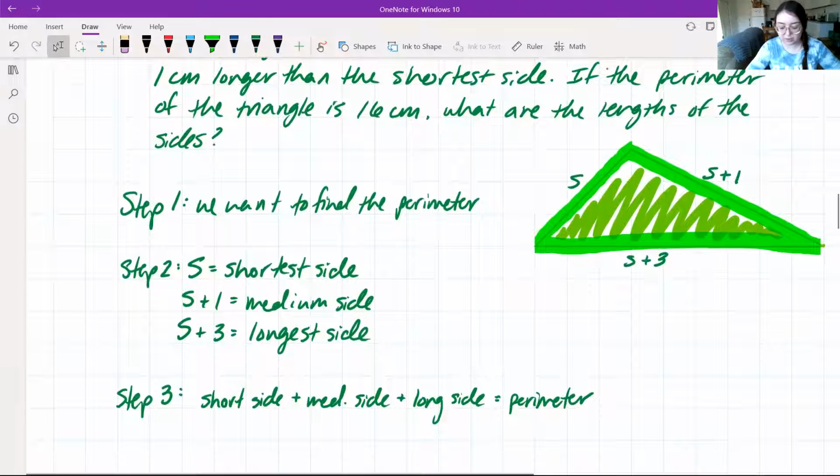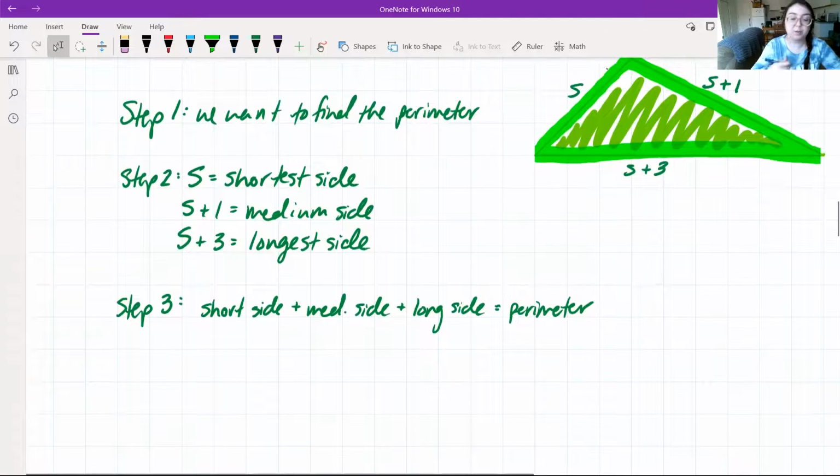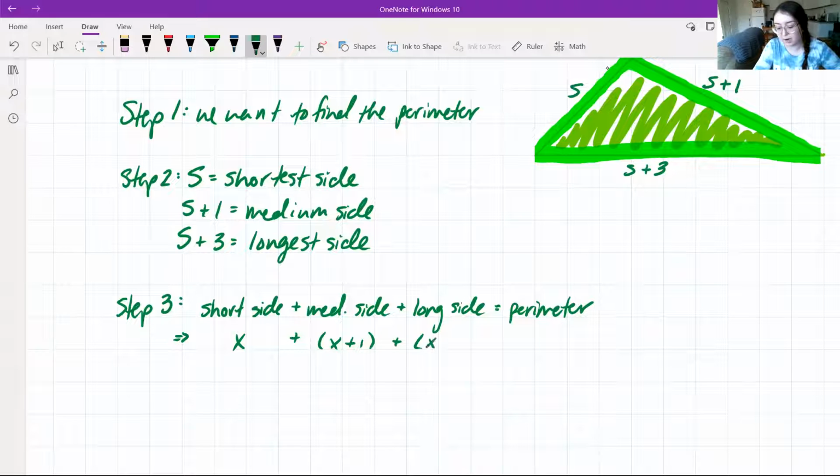Now we have equations for our short side, medium side, and long side, and we know what the perimeter is. It's 16 centimeters. So we're going to factor these in. Our short side, we said, was X. Our medium side was X plus 1. And our long side was X plus 3.